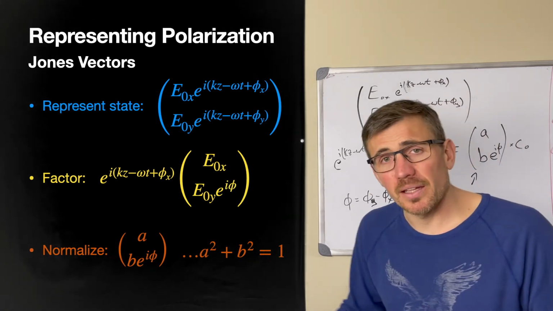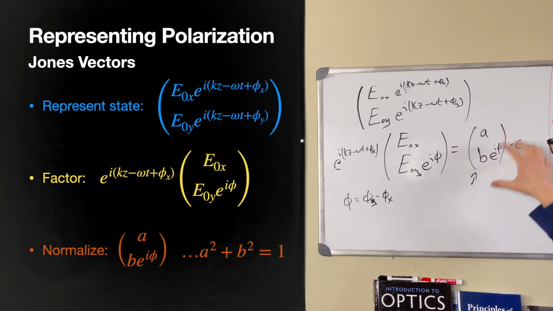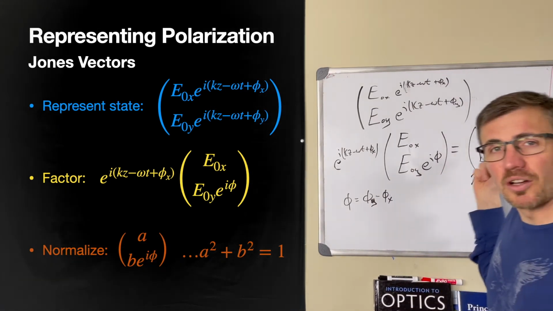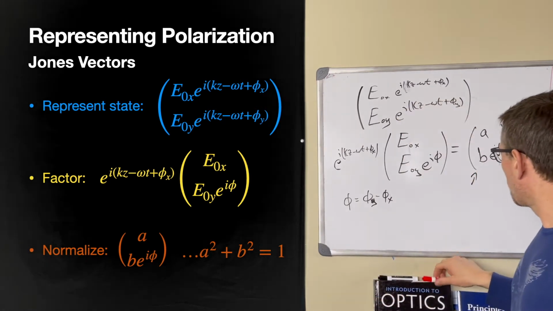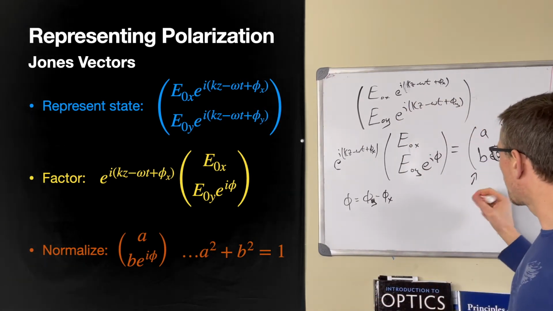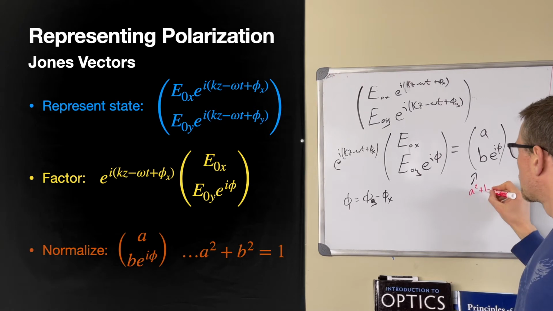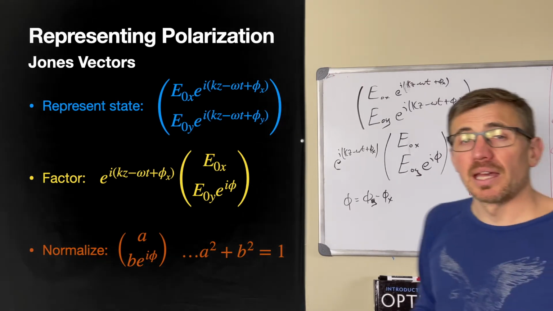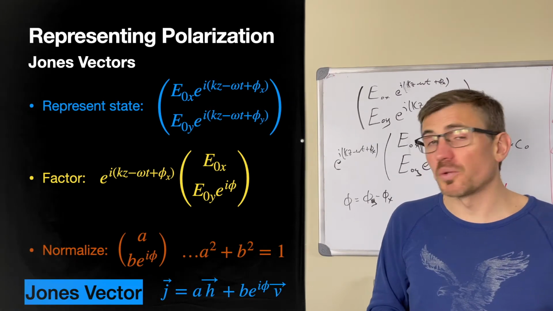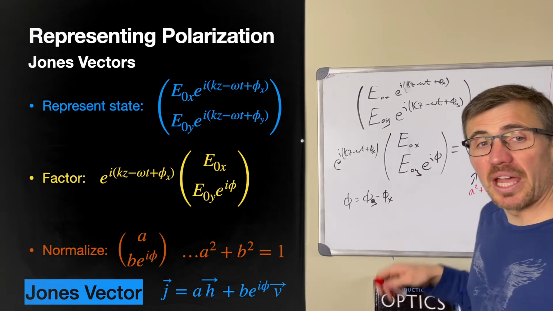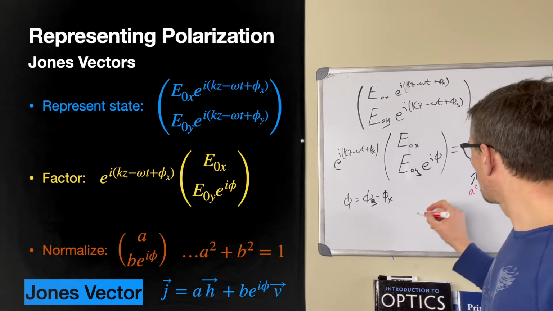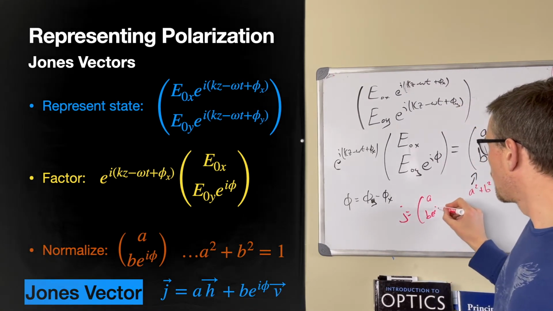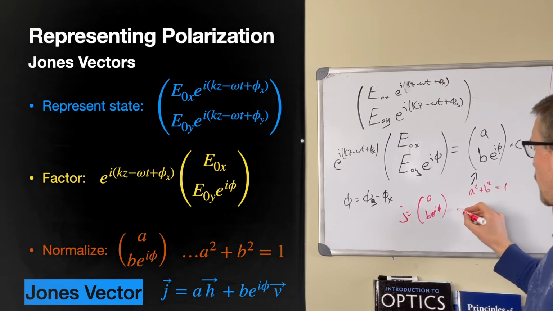Since we're factoring out a constant up front that we don't care about, we might as well normalize everything so that a squared plus b squared is equal to 1. When we do this, we have what are called the Jones vectors. So J, we're going to call (a, b e to the i phi).